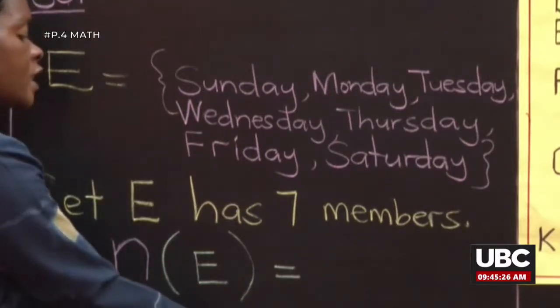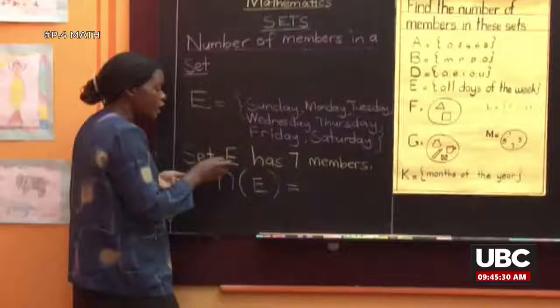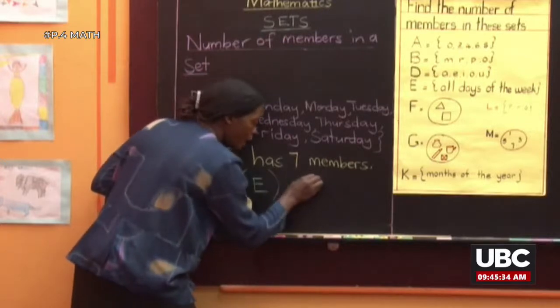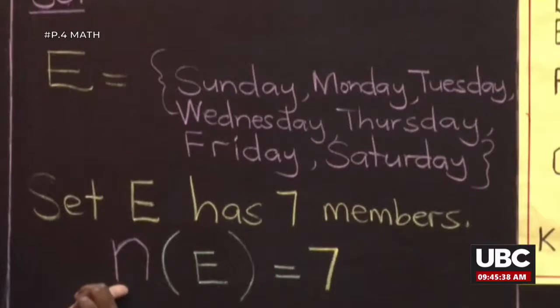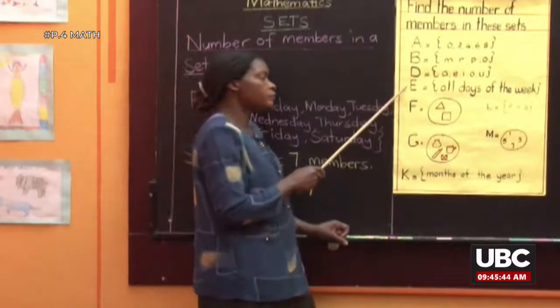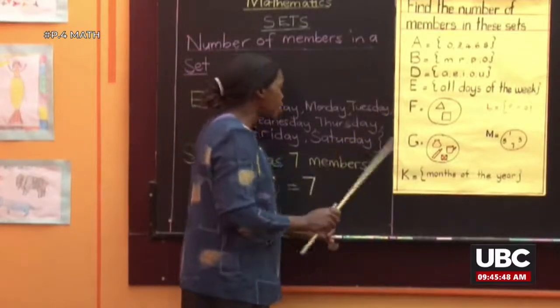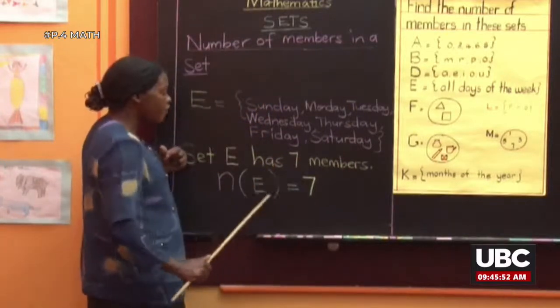Since we have already counted and they are 7, just write 7, standing for the number of members in set E, which came from here. Instead of writing the whole sentence, set E has 7 members, just have that.